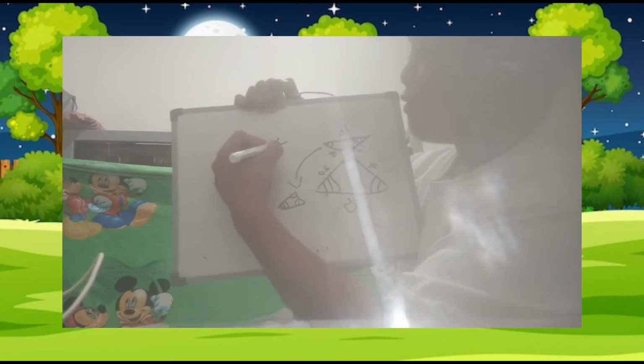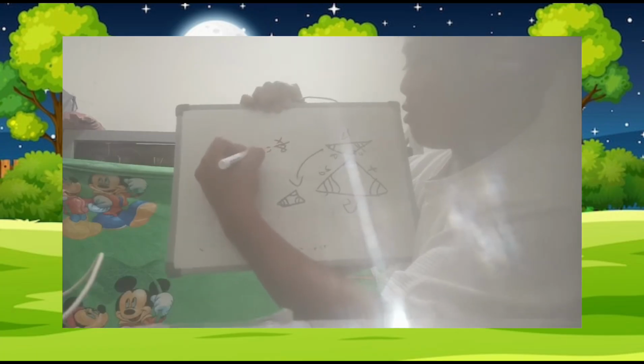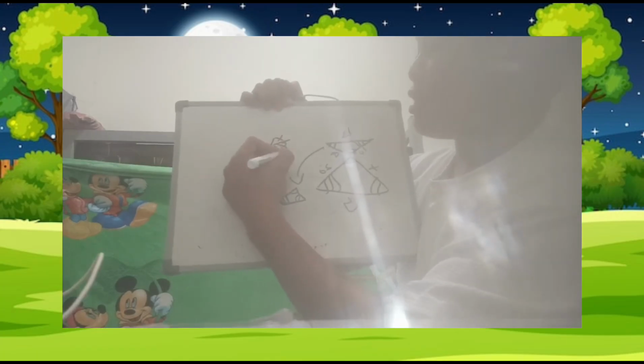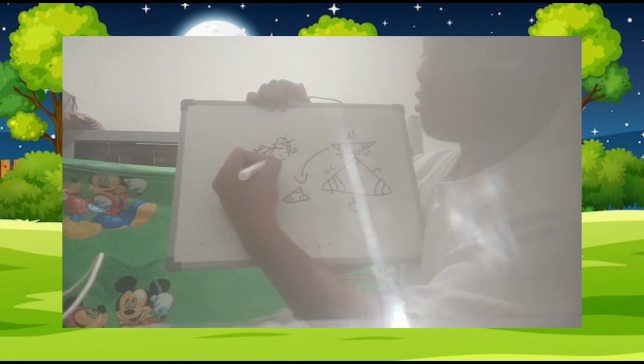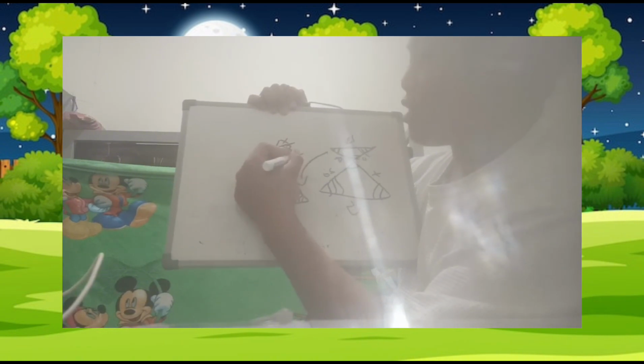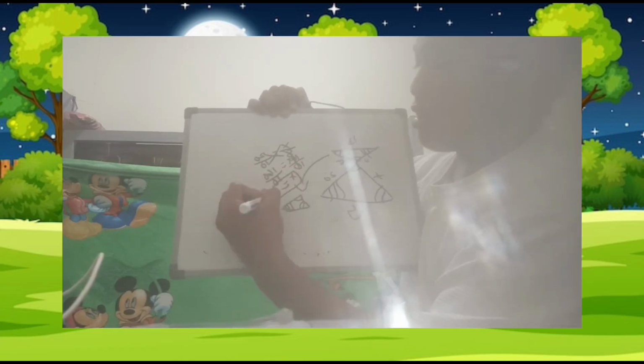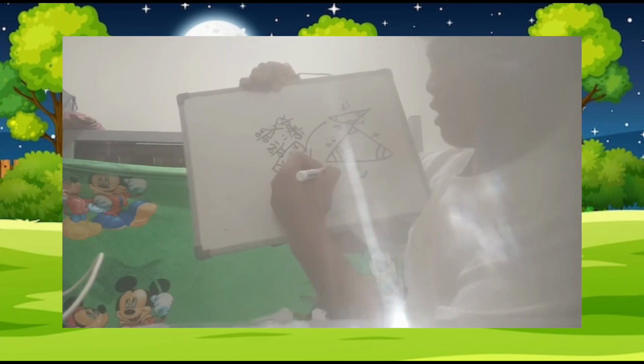Ngayon, kung hanapin mo ang x, magiging x over 8 is equals to 20 over 10. Cross multiplies, then x is equals to 160 over 10. X is equals to 16. Same is that in the y.